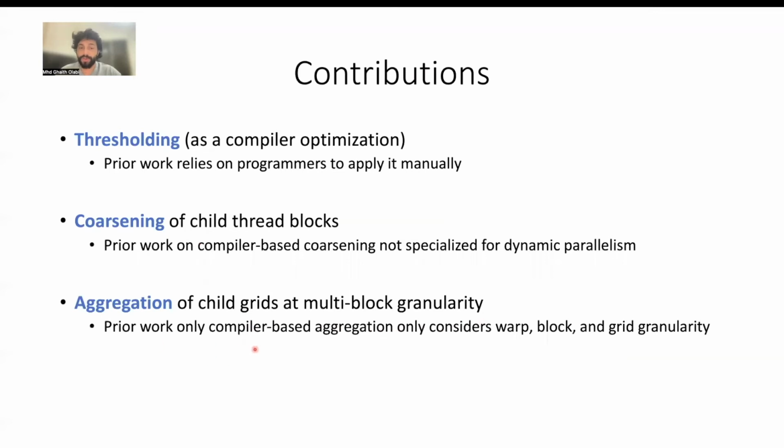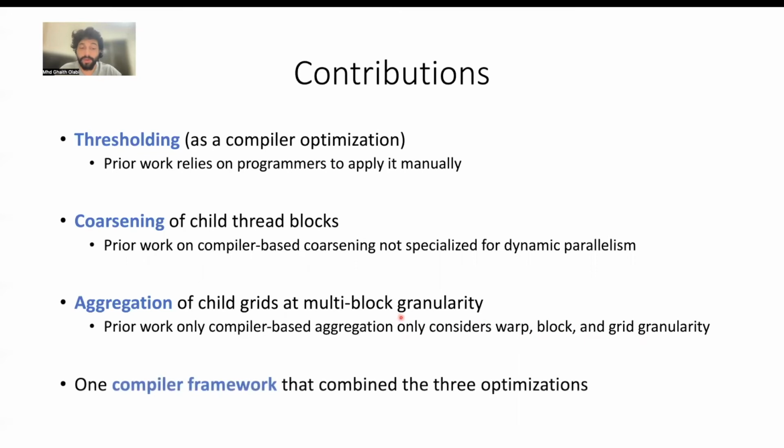Prior compiler-based aggregation only considers warp, block, and grid granularity, so there is a space between block and grid granularity that has not been evaluated before. And then we introduce our compiler framework that combines all three optimizations together.